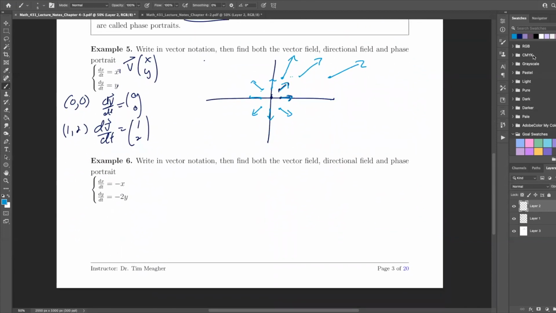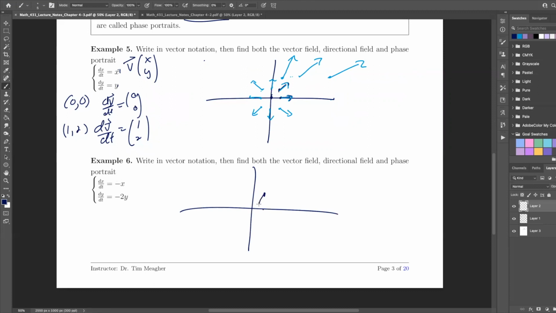Let's do something a little bit less trivial for a second. Let's just put in a couple of points. Let's pretend I'm at 1 and 1. If I was at 1 and 1, my x direction would be -1, and my y direction would be -2.